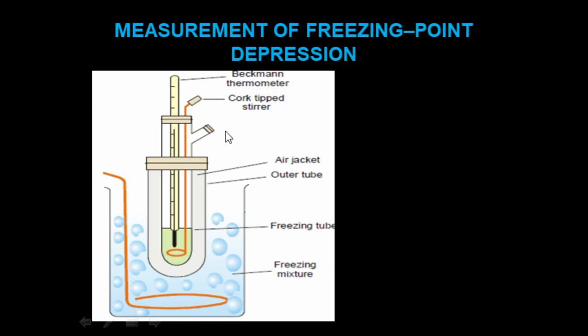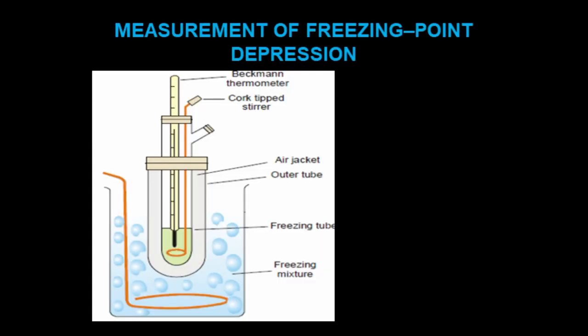The side arm is used to add the solute. There is an air jacket, another glass tube, to provide empty space so that air can flow into it, allowing direct measurement of the temperature. And in this beaker there is a freezing mixture, which is a combination of ice and salt.